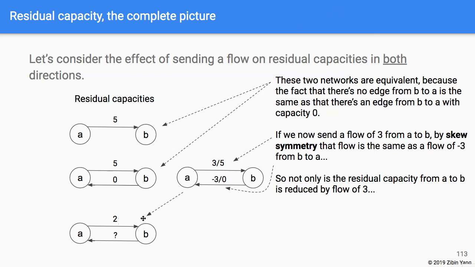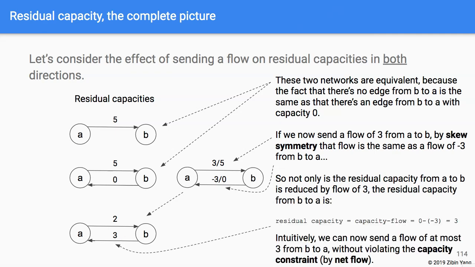Not only is the residual capacity reduced in this direction, but something also happened to the residual capacity going the other direction. And if you remember, by our formula, that residual capacity is just the capacity minus flow. Now the capacity is 0 and the flow is -3. So now we actually have a residual capacity of 0 minus -3 equal to 3 going from B to A.